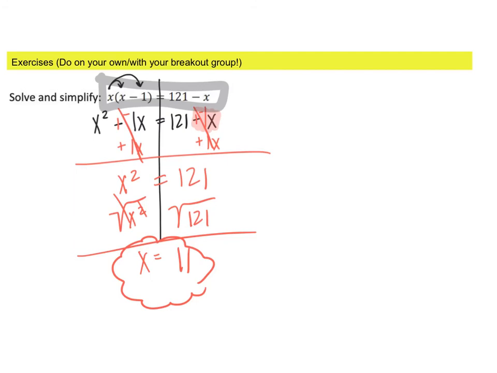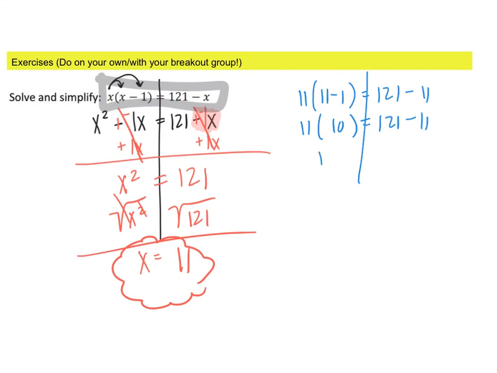So we have 11 times 11 minus 1 equals 121 minus 11. So 11 minus 1 is 10. 11 times 10 is 110, and 121 minus 11 is 110, so it balances out.